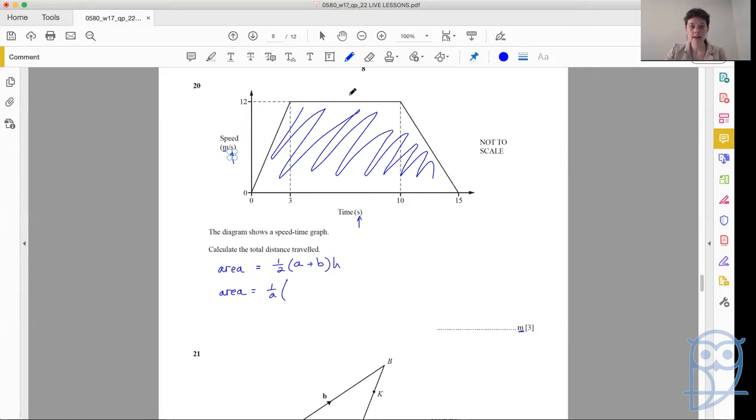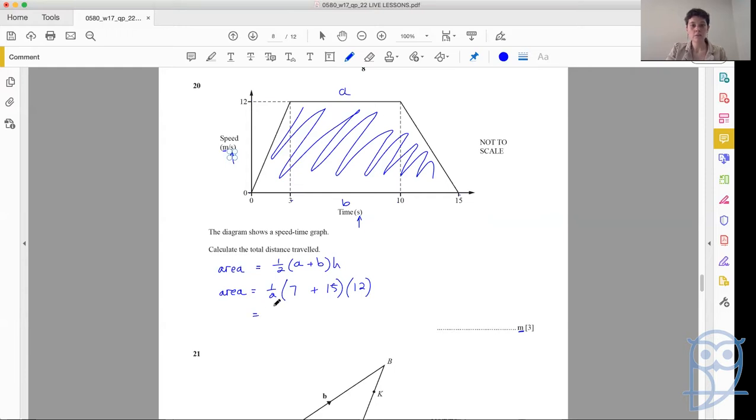So a, let's call this one a, it goes from 3 to 10, so that makes it a 7. That means this side here would be b, from 0 to 15, well, then it's a 15. And then our h is our perpendicular height, so perpendicular distance between the 2 parallel sides. So we're going from 0 up to 12, so our height is 12.